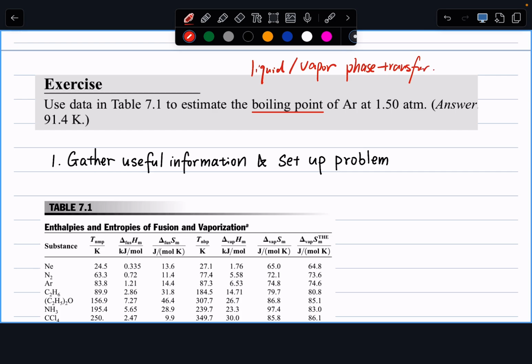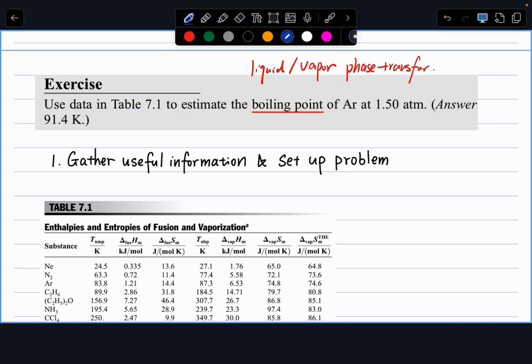We can read the table to see what things we know, right? By stating this is a liquid-vapor phase transfer, we can write out the equation derived from the Clapeyron equation describing the liquid-vapor phase transfer.